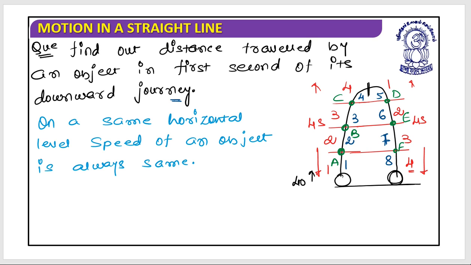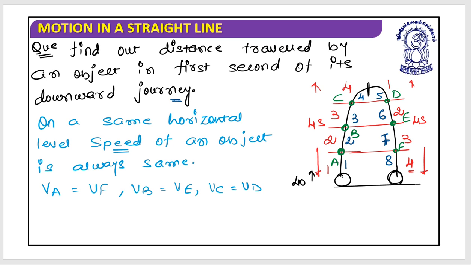That means I'm talking about the speed, basically the magnitude. So what I can say is that speed at A should be equal to speed at F, speed at B should be equal to speed at E, and speed at C should be equal to speed at D. Yes, I hope these things are clear to you.